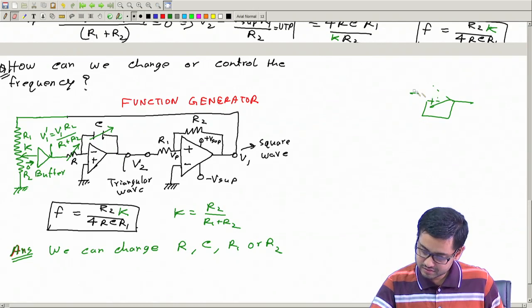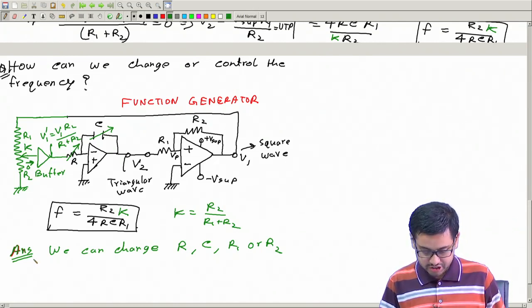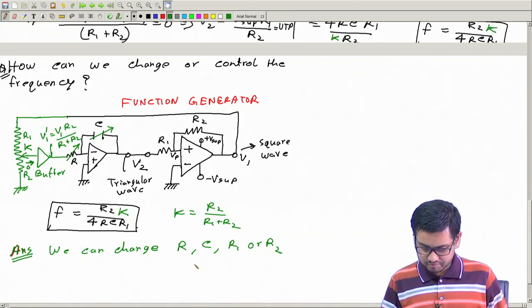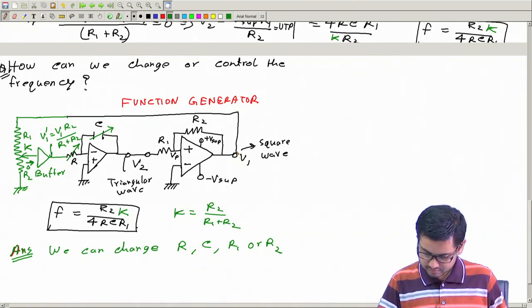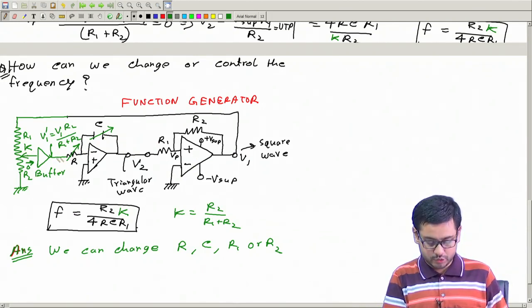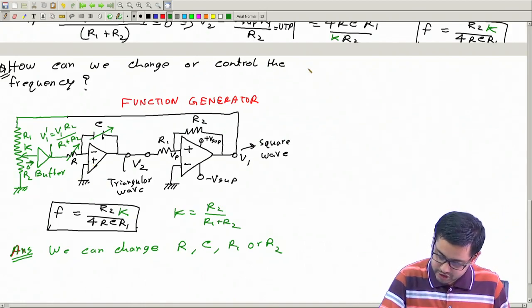So these are the few methods with which we can control the frequency. We can change this resistance, capacitance, etc., or we can change this voltage applied to the input of the integrator.